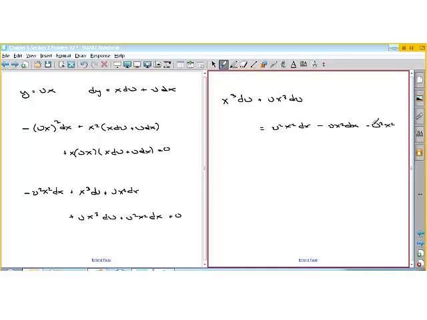So this will be negative ν squared x squared dx. Okay, so that cancels out with that. And on the right-hand side, we can factor out an x cubed. So we get x cubed dν, multiplied by 1 plus ν. On the right-hand side, we get negative ν x squared dx.